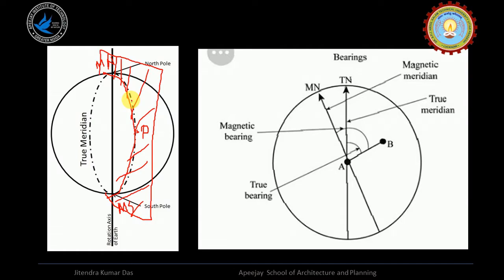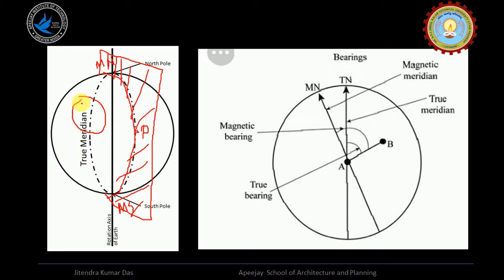Now in case of the arbitrary meridian, there may be lots of locations on this earth where it is very tough to establish the magnetic meridian and true meridian. In that situation, we generally take other points as a reference.